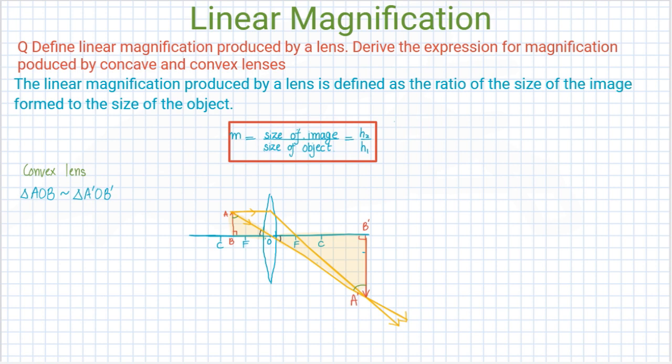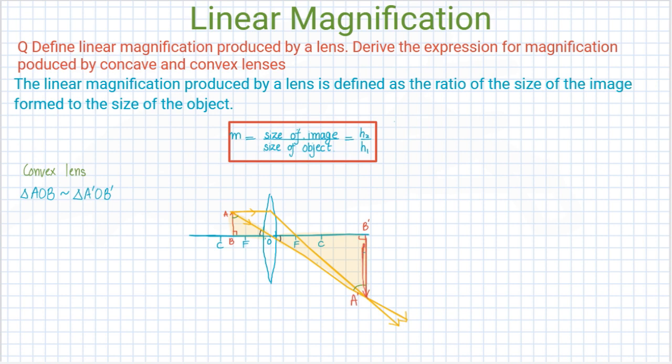So consider these two equal angles. Consider your angle AOB. Now the side opposite to this angle is AB. And consider the other equal angle, your angle A dash O B dash, and the side opposite to this angle is your A dash B dash.